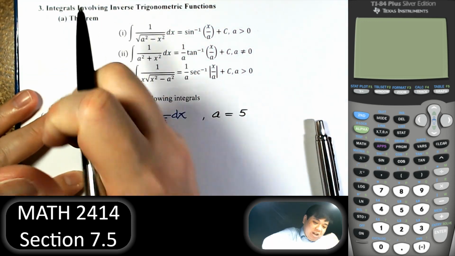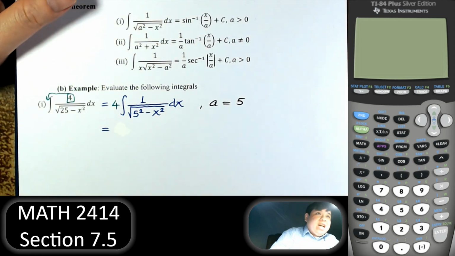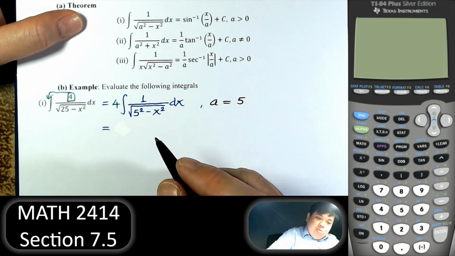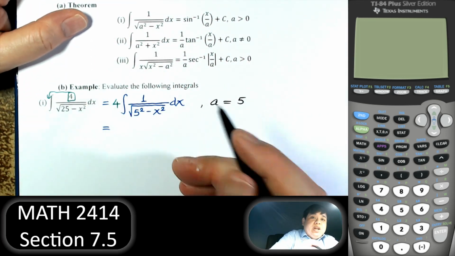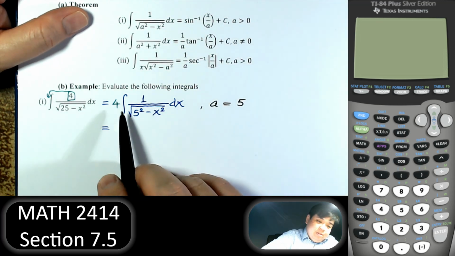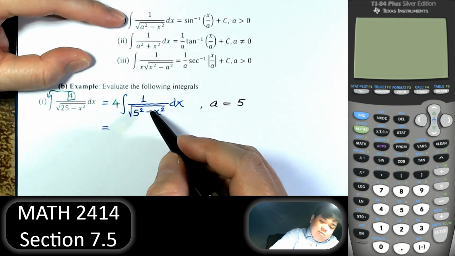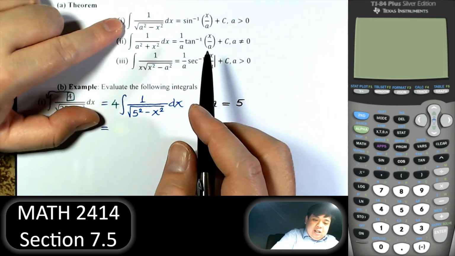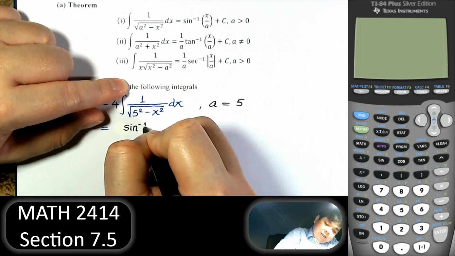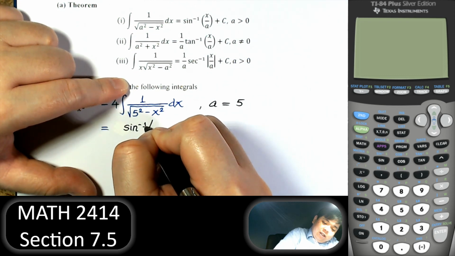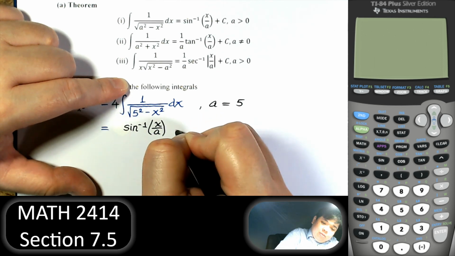Like I said, I don't memorize this formula. When we go to section 8.4, we can just go ahead and do it without the formula. But we need to know a lot of trigonometry. Right. So in that form, it's going to be sine inverse of x over a plus c.